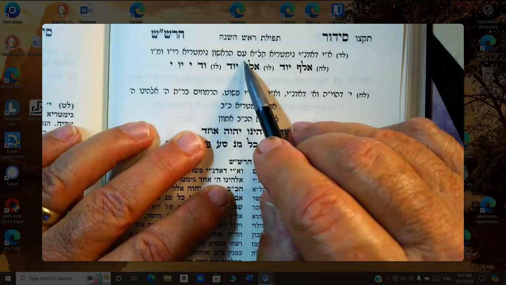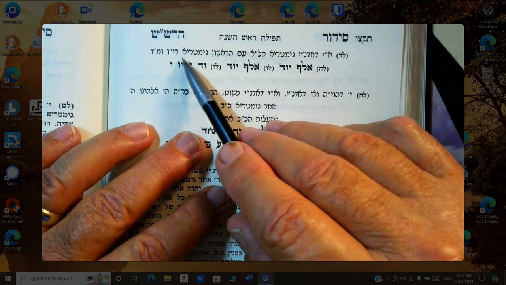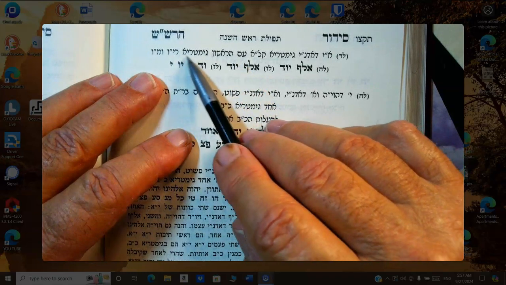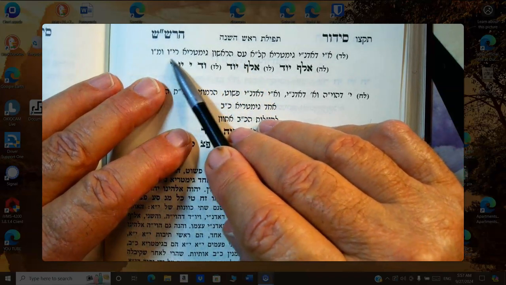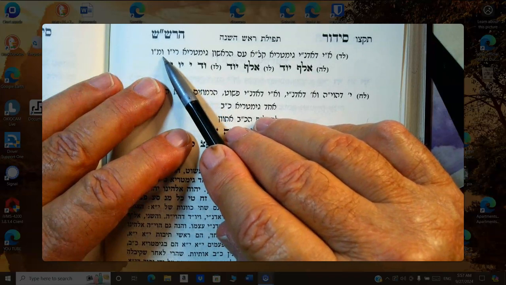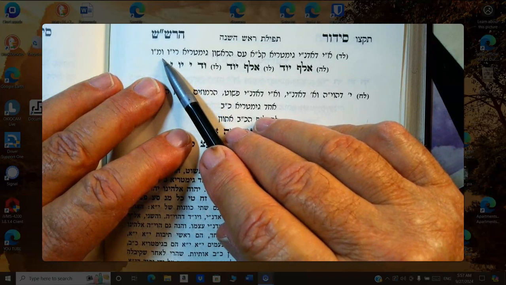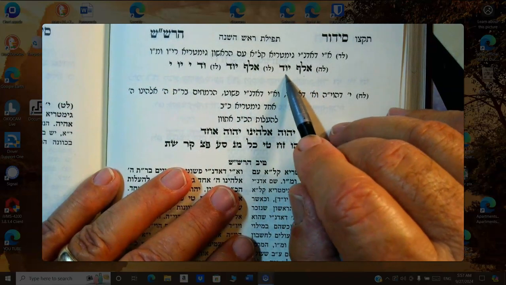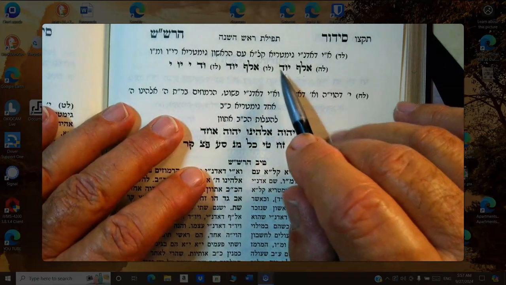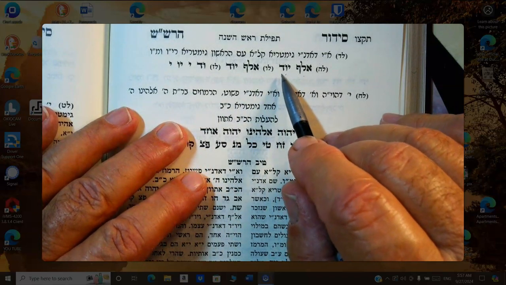Im harishon gematria kala, umu, so kala and the milui of av. So here's aleph yud. So that's 111 and 20 is 131. That's your number.